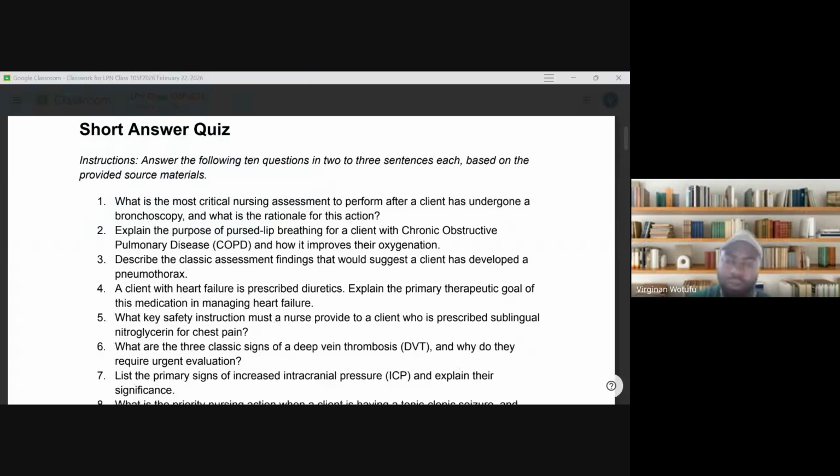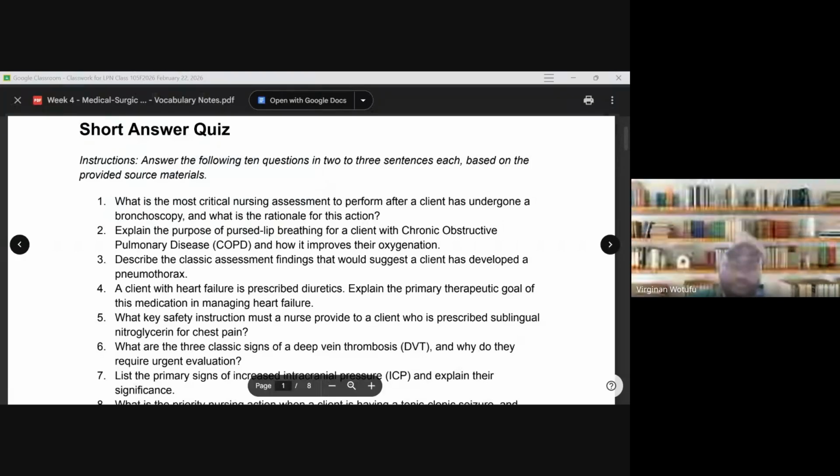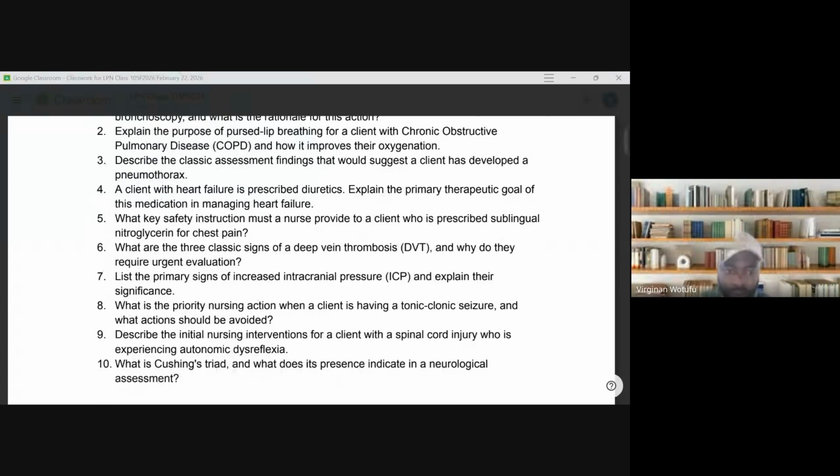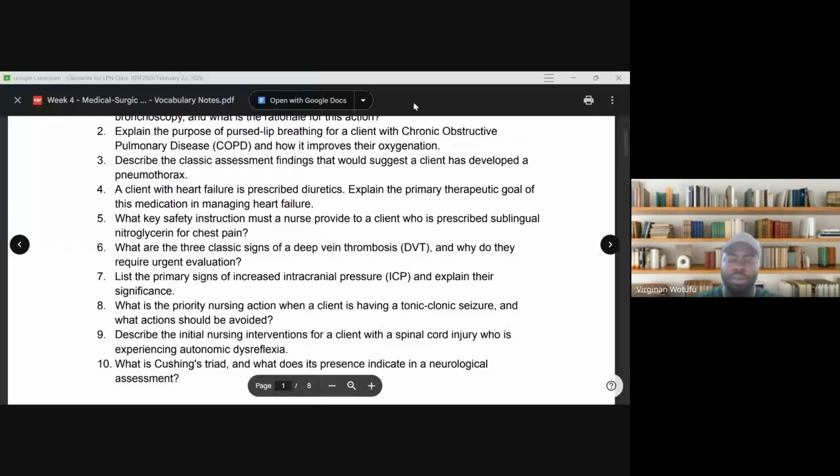So question 7. List the primary signs of increased ICP and explain their significance. The primary signs we talked about: vomiting, right?